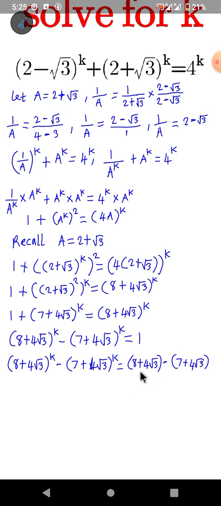Now I already know that 8 plus 4 root 3 minus 7 plus 4 root 3 will give me 1. 1 is equal to this.